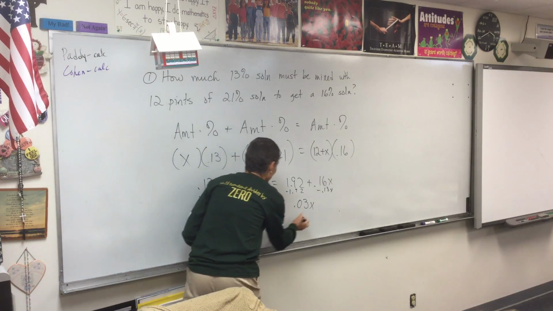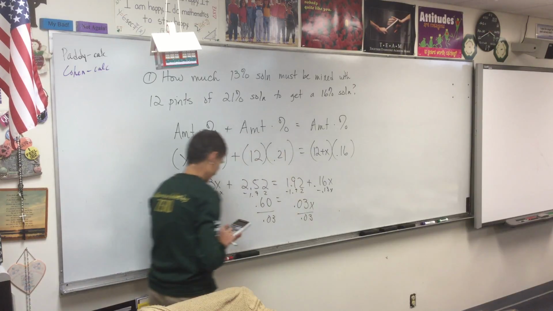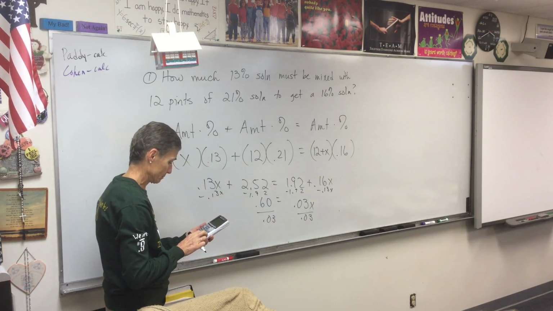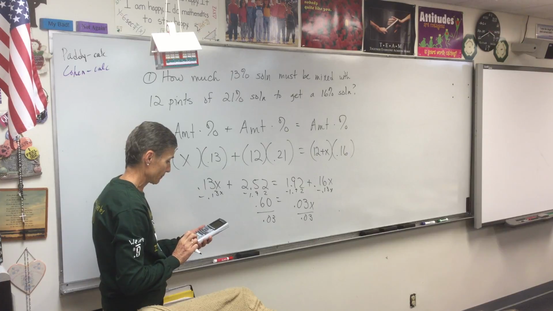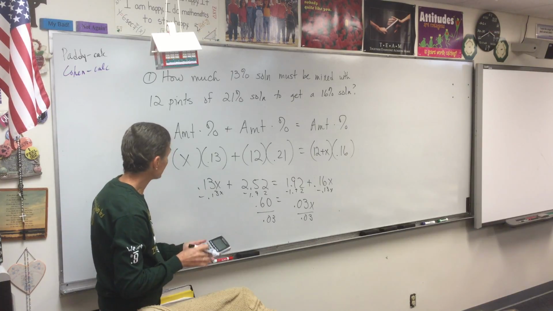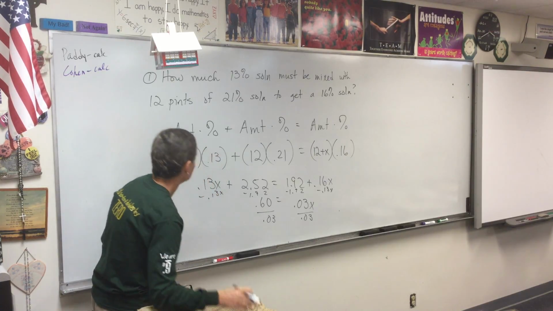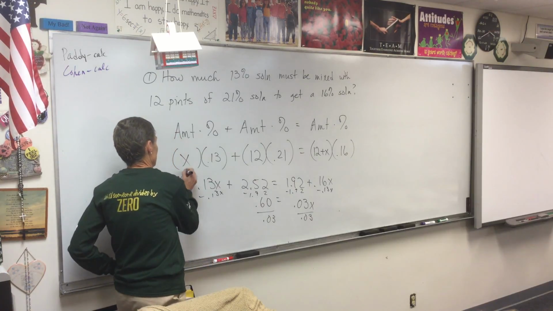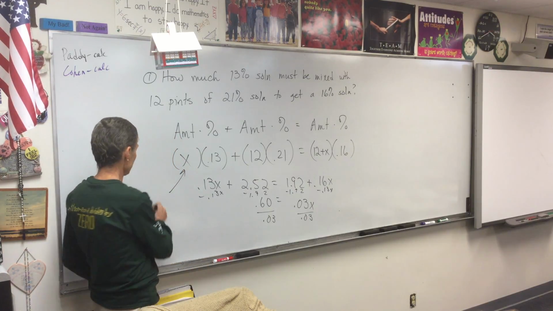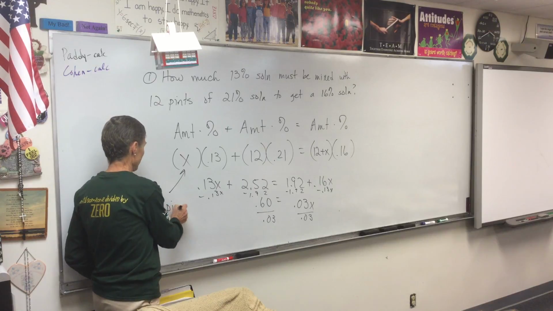Now I'll divide by 0.03. And I came out with a nice neat number, didn't I? So how much of it do I need? 20 pints.